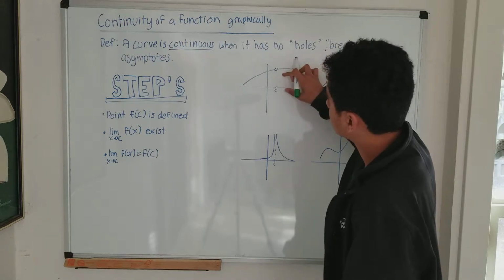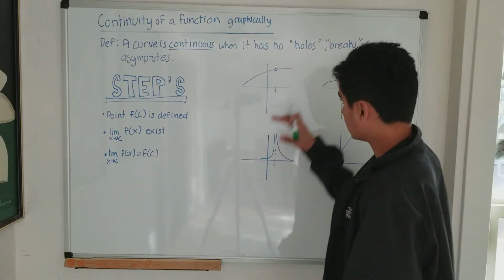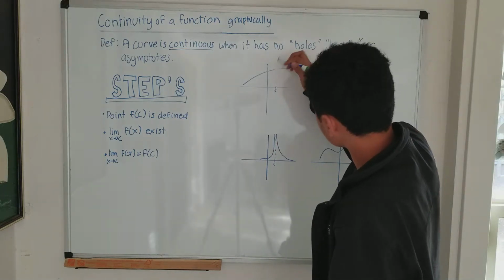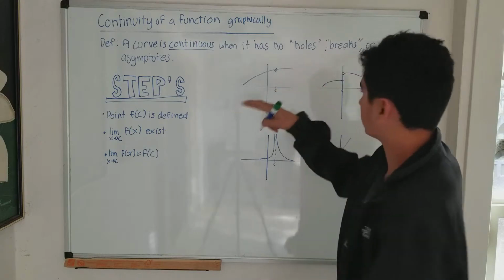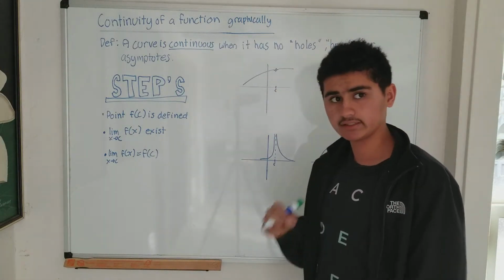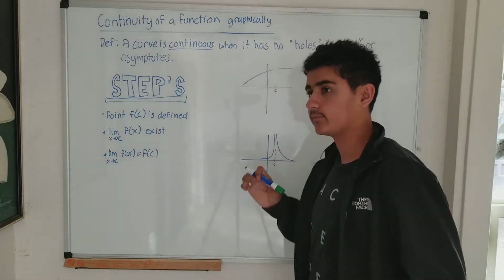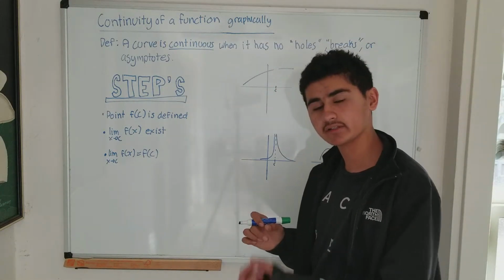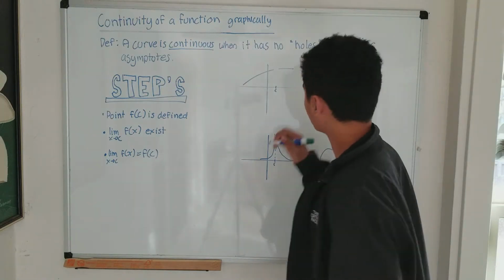The type of discontinuity this is called a removable discontinuity, because if you were to remove this and make it an actual value, it becomes a continuous function because everything will then be equal. So removable discontinuity basically means if you were to take out the undefined point and put in a value which is actually defined, it will work.